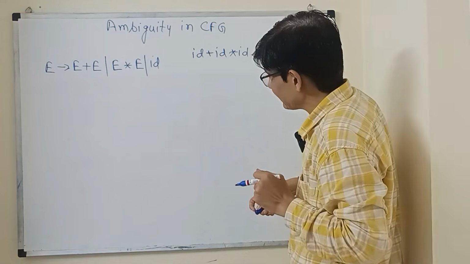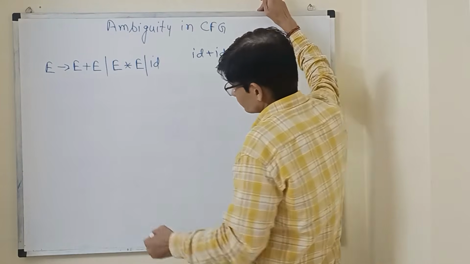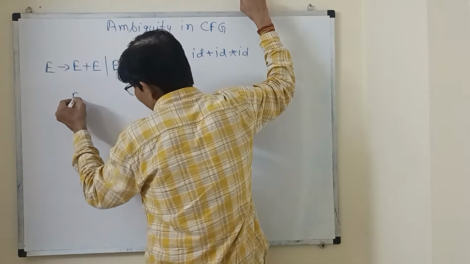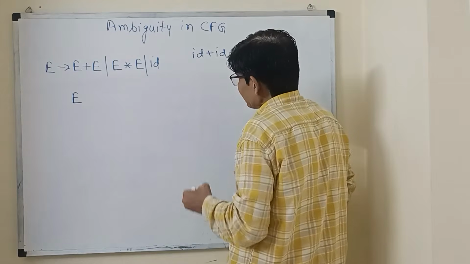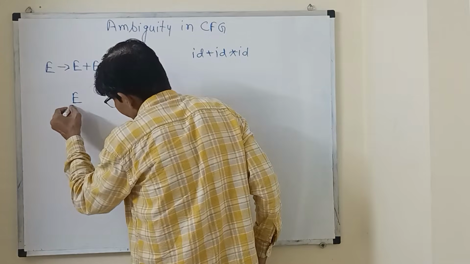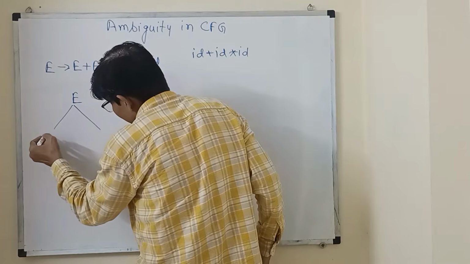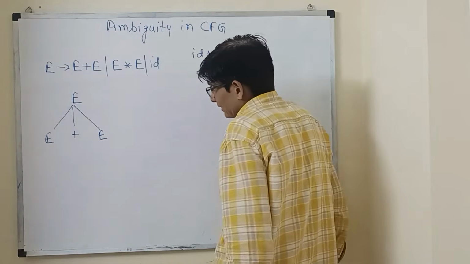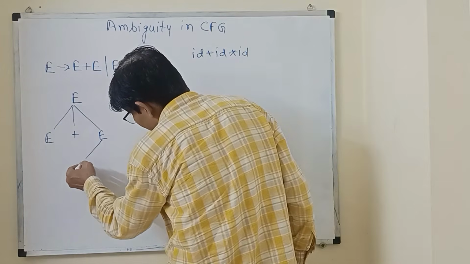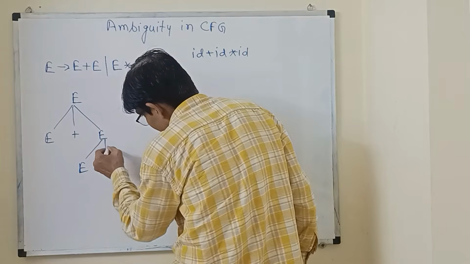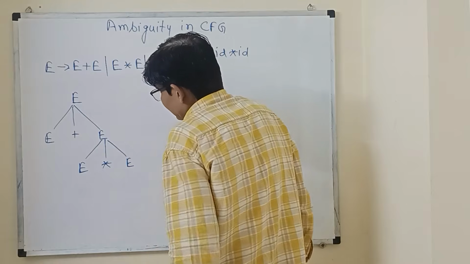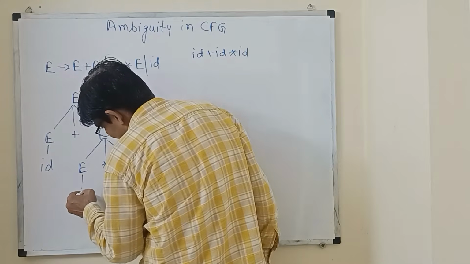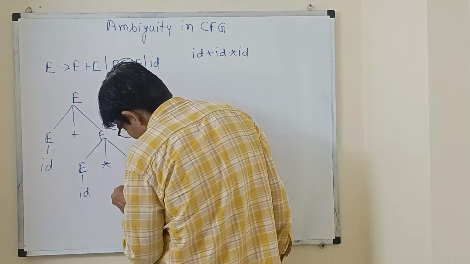So how would I create it? I can start from E. Then I can use the production E plus E, and then I can replace the second E with E cross E. Then I can replace each E with ID.